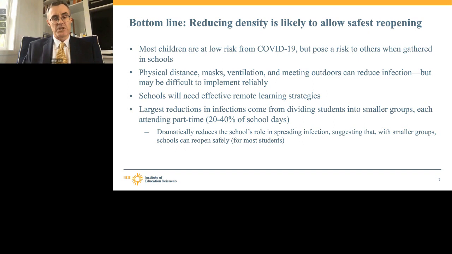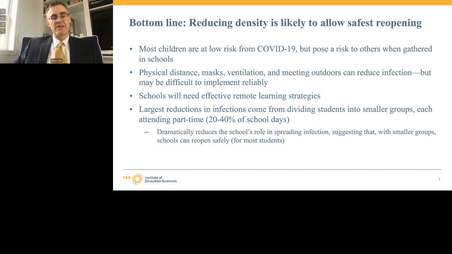But there are really serious questions about the extent to which those kinds of strategies can be effectively and faithfully implemented in schools, as Danielle and Jacob will describe, and as probably won't surprise you too much.